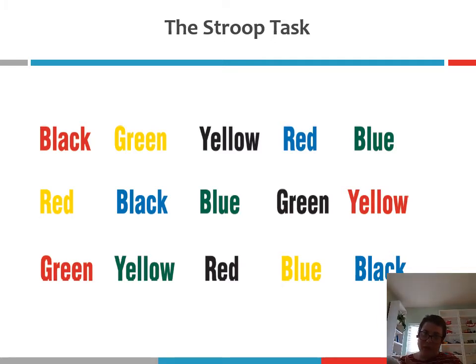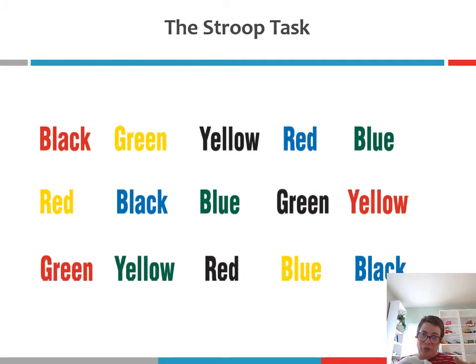So right away there is a conflict. And we all have a dominant response here, or something that we've been very, very well trained to do. And that is, we all have an overwhelming desire, or an overwhelming urge, to read the word, right?